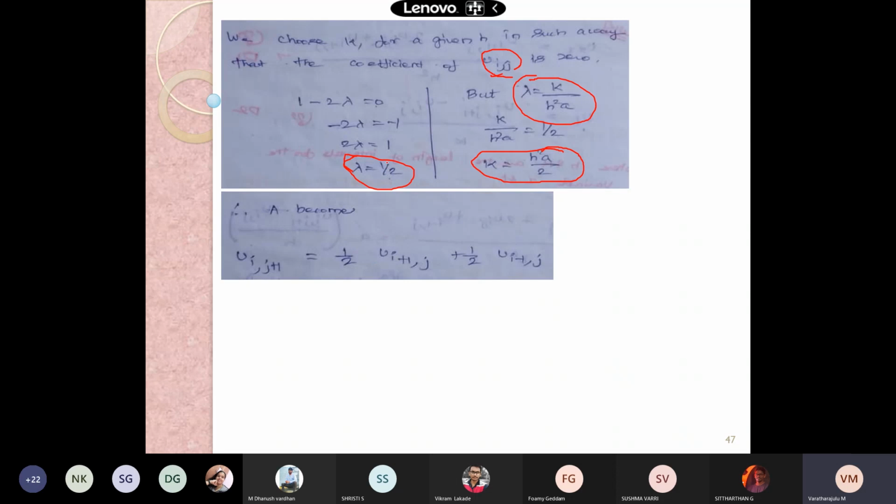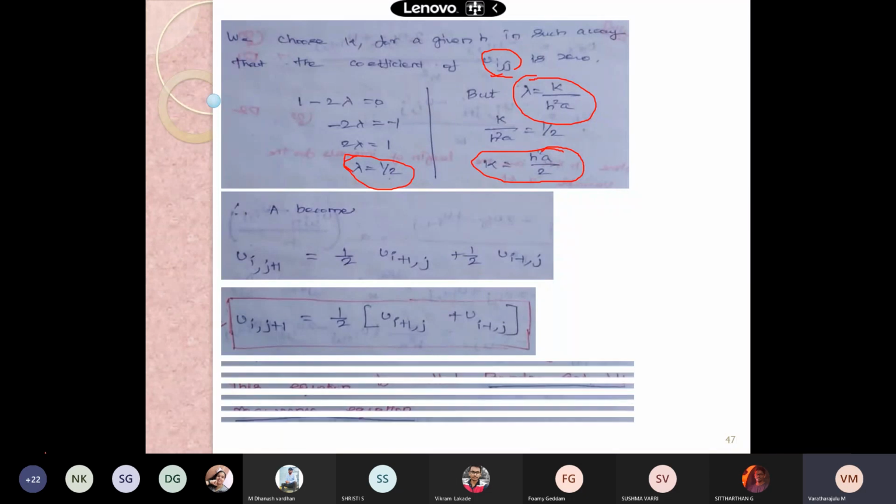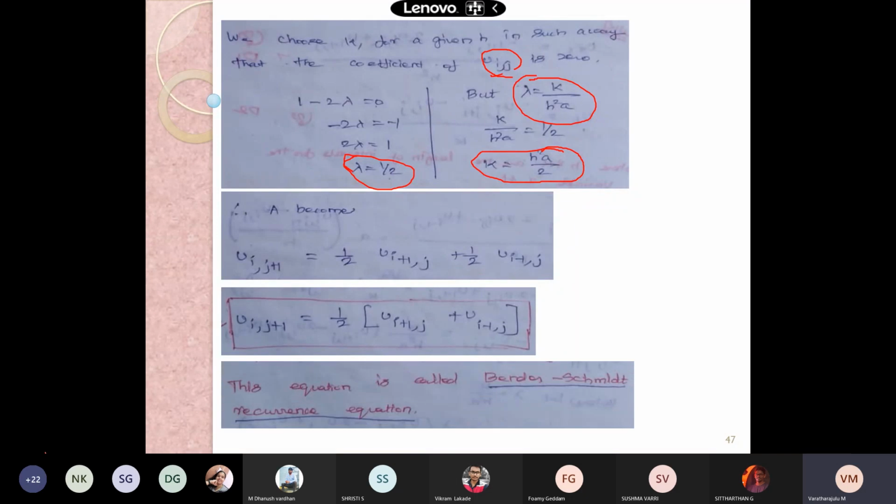So I am applying the value of lambda in that particular equation. So I am getting 1 by 2 of u i plus 1,j plus 1 by 2 of u i minus 1,j. So this becomes 1 by 2 of u i plus 1,j plus u i minus 1,j. This is the equation of Bender-Schmidt recurrence equations.